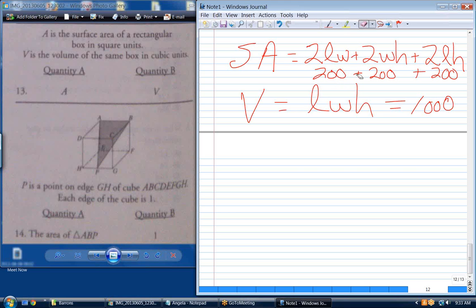Now, without picking numbers, it's not absolutely clear, obviously, when you look at this, that you can tell which is bigger. We could factor a 2 out. Does that help?